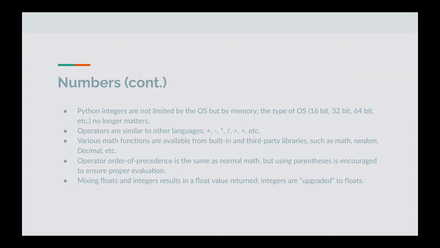Your order of precedence when it comes to the operators, so you do a times operation before you do a plus operation from math. It's the same as math, but it is encouraged to use parentheses just so that whoever is reading your source code understands what your intentions are.